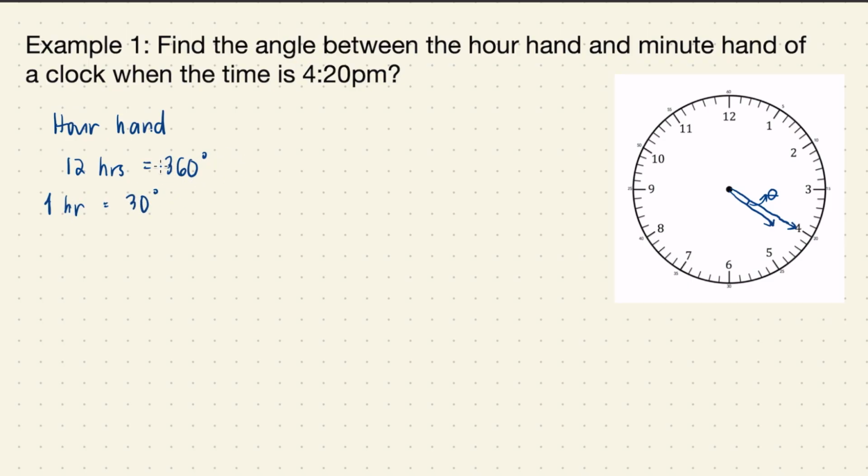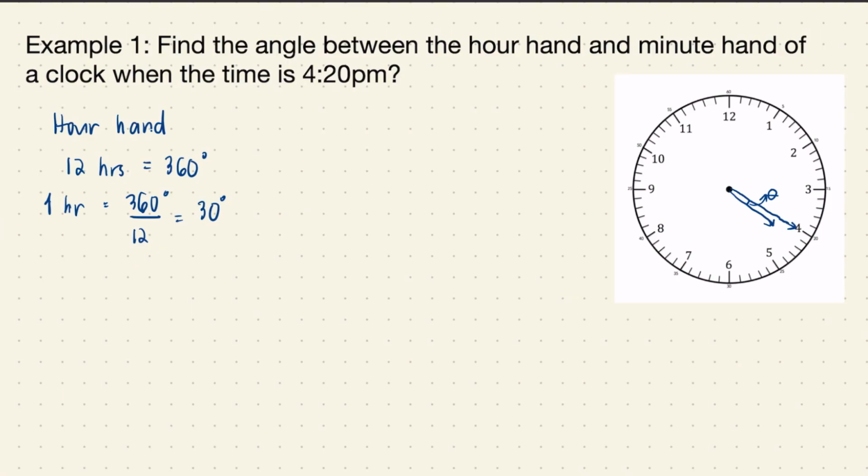Let's do it step by step: 360 degrees divided by 12 hours is 30 degrees. When 1 hour passes by, the hour hand travels 30 degrees in the clock.